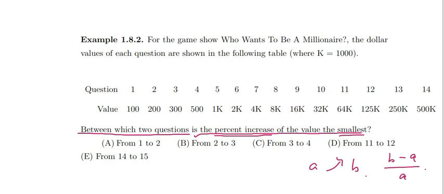So from here to here, 100%. We cannot check one by one. So from 1 to 2, the increase is 100%.